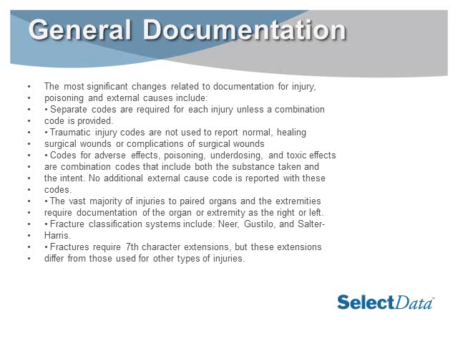There is no additional external cause code reported with those codes. The vast majority of injuries to paired organs in the extremities now require documentation of the organ or extremity as the right or left. The fracture classification systems now include the Neer, Gustilo, and Salter-Harris, and fractures require seventh character extensions, but these extensions differ from those used for other types of injuries.